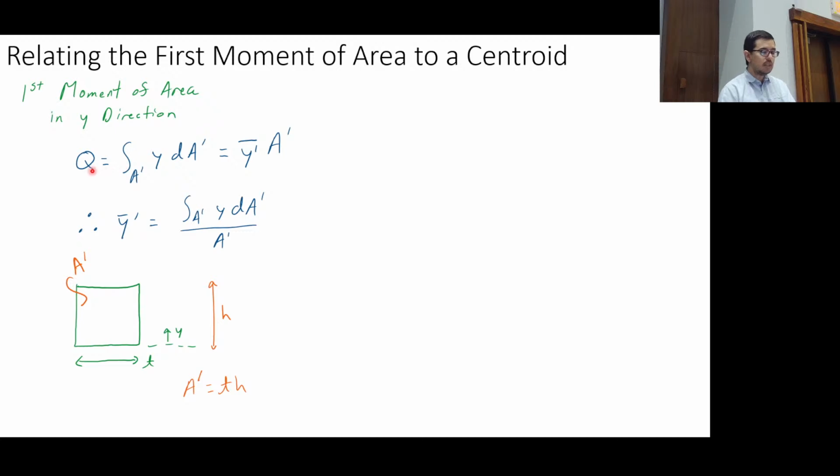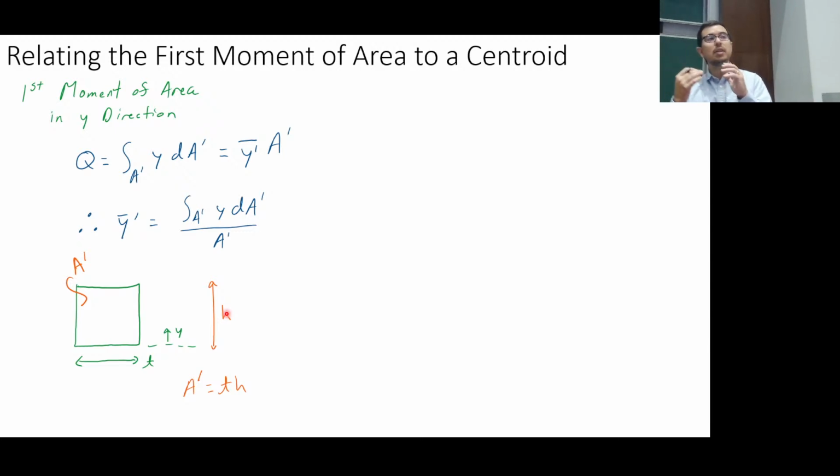If I know what the first moment of area is, I can divide by A prime, and that will give me the location, the distance y bar prime to that centroid. Does that make sense? If I wanted to find where it is in the horizontal direction, I could do the same integral, not with respect to y, but with respect to x. But in this class, we really only care about the vertical distance of the centroid to the neutral axis.